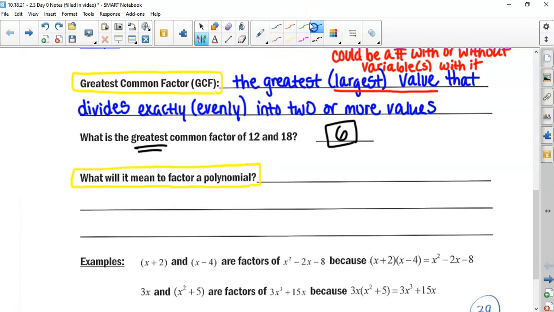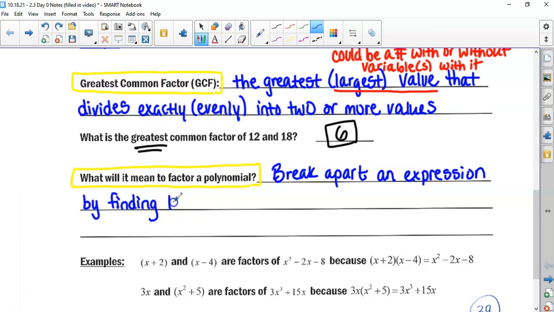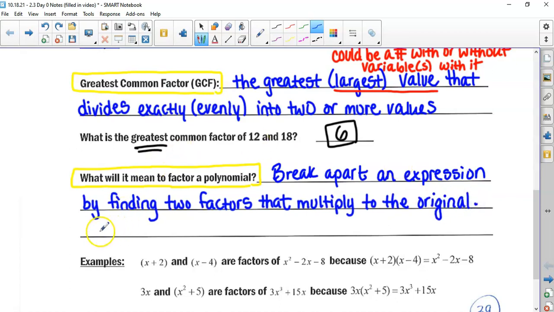So when you're asked to factor a polynomial, this means break apart an expression by finding two factors that multiply to the original. It will essentially be undistributing.